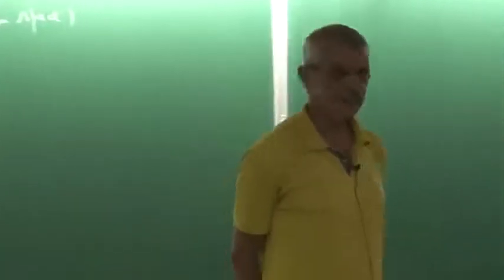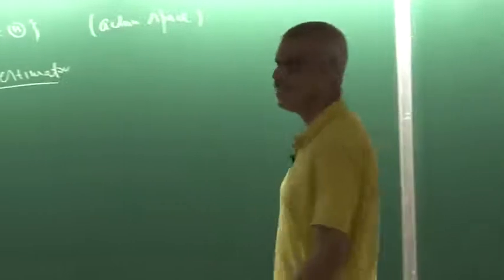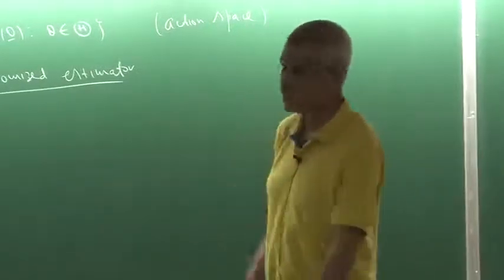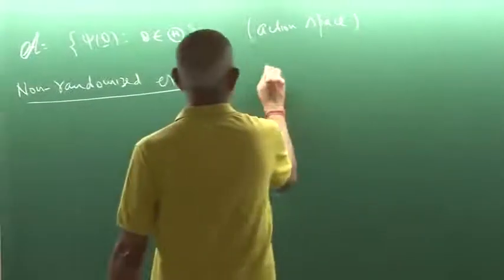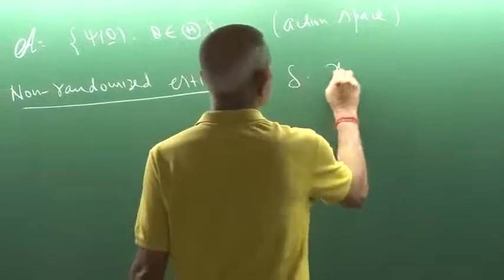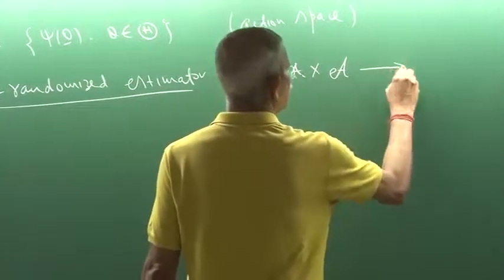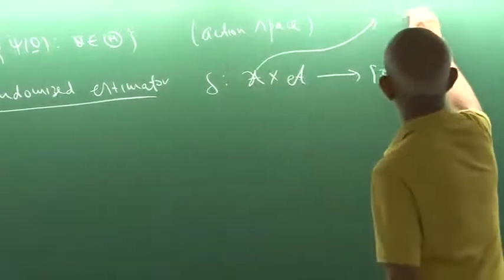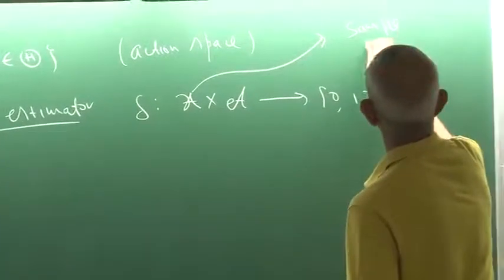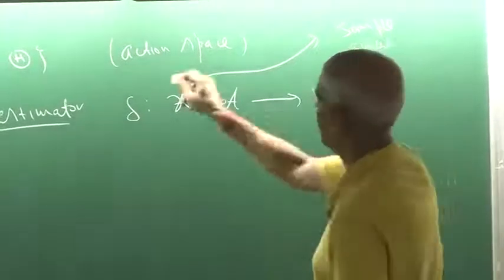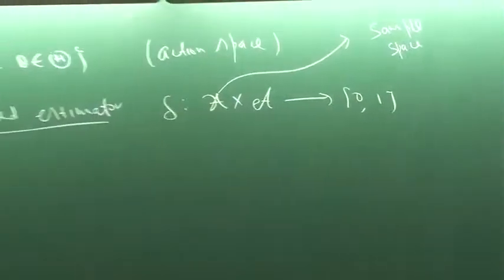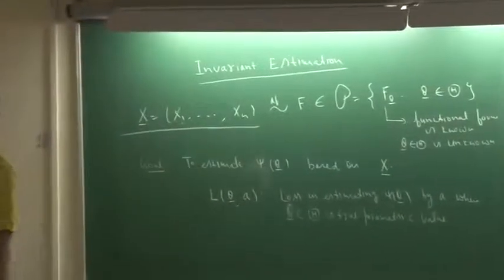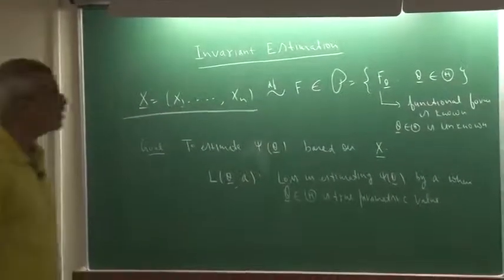To consider the estimators in the most generality, we said we can consider an estimator to be a probability measure on the action space A. So delta is a map from chi cross A to [0, 1], where chi is nothing but my sample space, which is the space of possible values of the data, a subset of n-dimensional Euclidean space here.